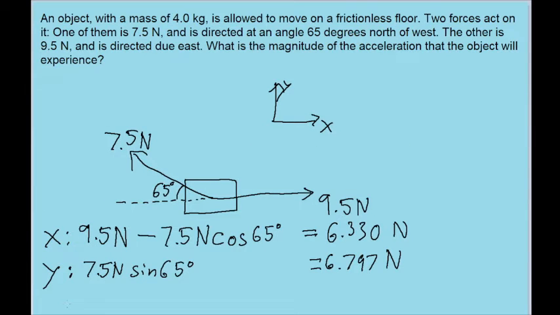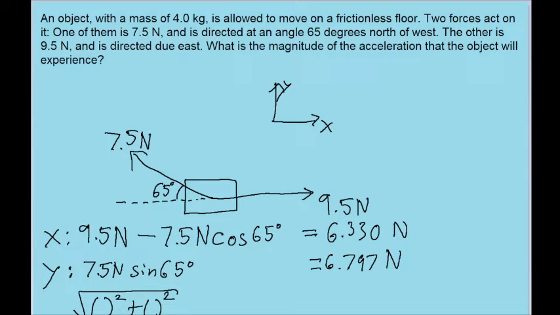So to get the total magnitude of the net force on the object, we'll use the Pythagorean theorem on these two values. So to do that, we just have to take the square root of the sum of the squares of these two numbers.